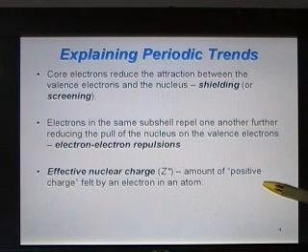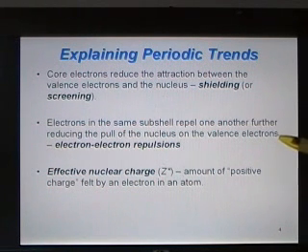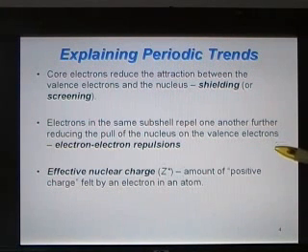The idea of effective nuclear charge, which we introduced last time, that is the amount of positive charge felt by an electron in an atom or ion, and a new idea, which is electron-electron repulsions. Electrons in the same group of orbitals repel one another, reducing the pull of the nucleus on the valence electrons.